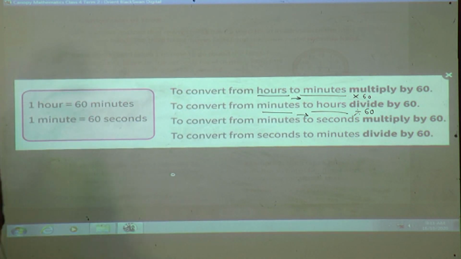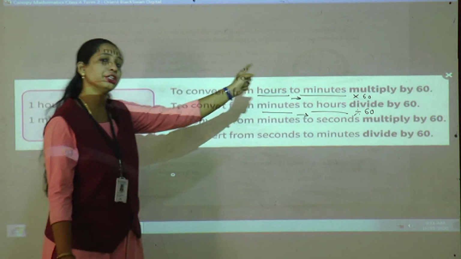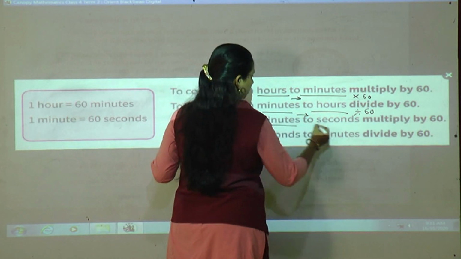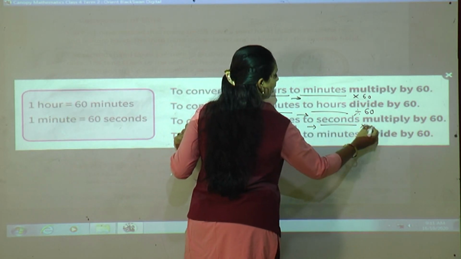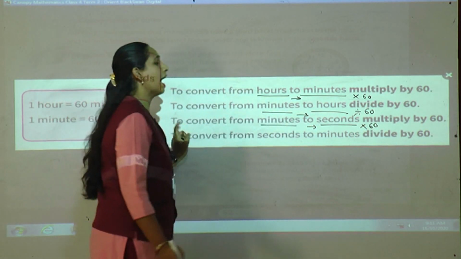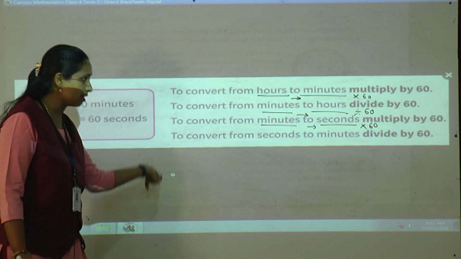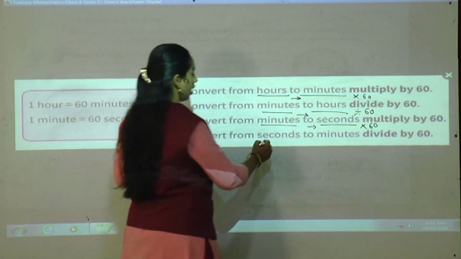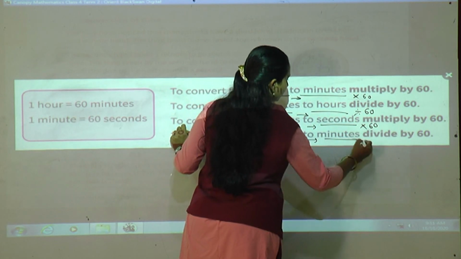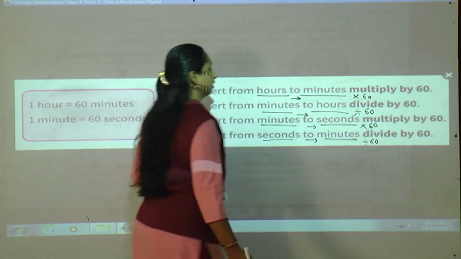Are you getting this too? And next, when you want to convert minutes to seconds, again you have to multiply by 60. And if you want to convert seconds into minutes, you have to divide by 60.